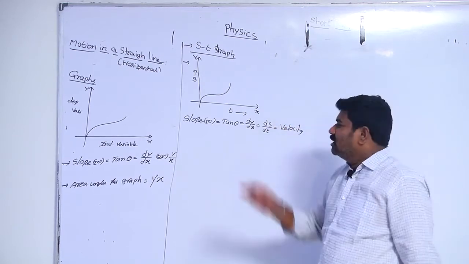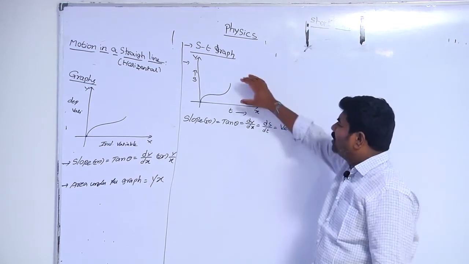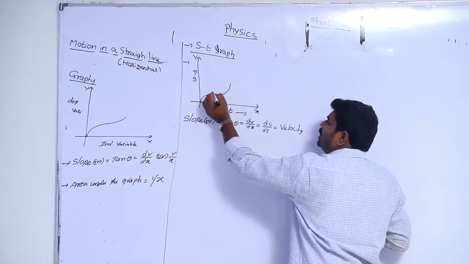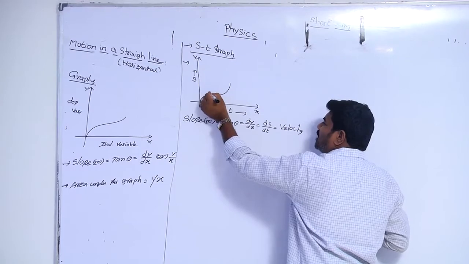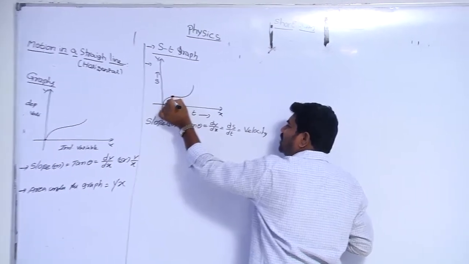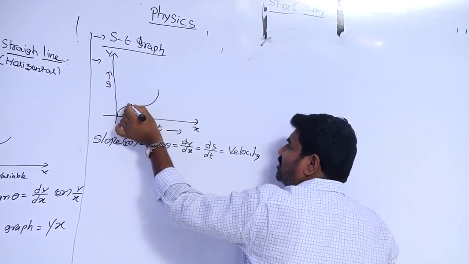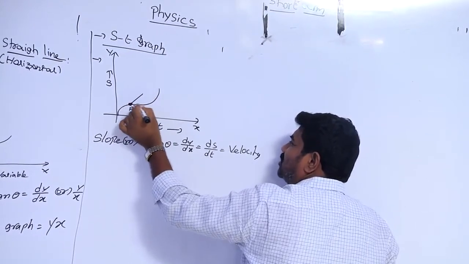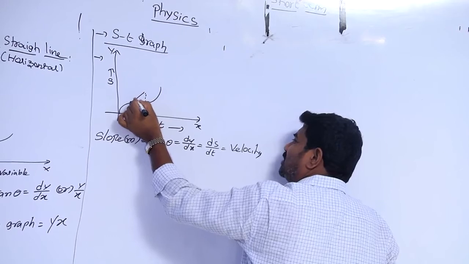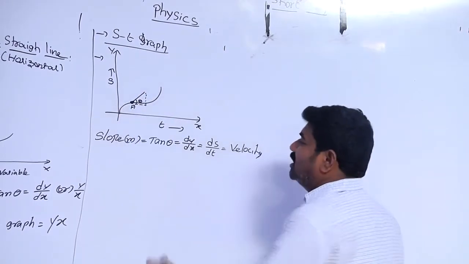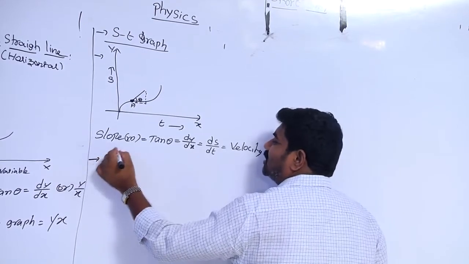So the slope of the displacement time graph is velocity. For example, this is the point A. What is the velocity at point A? Here we just draw a tangent. The slope of the tangent at any point gives the instantaneous velocity.